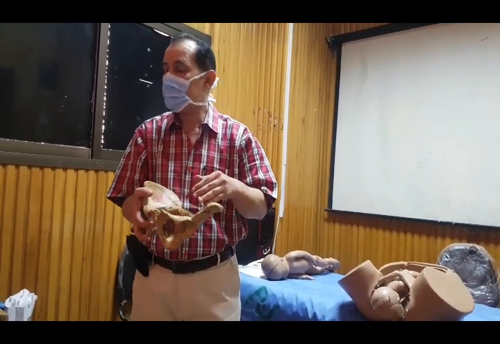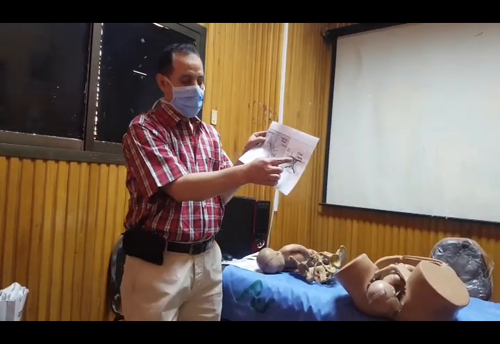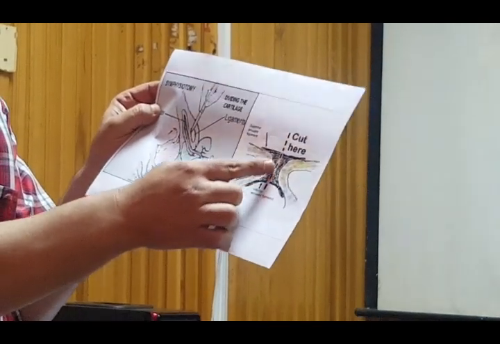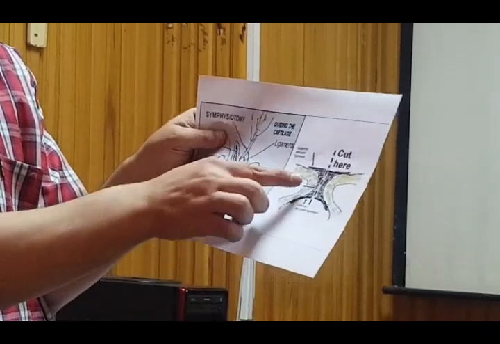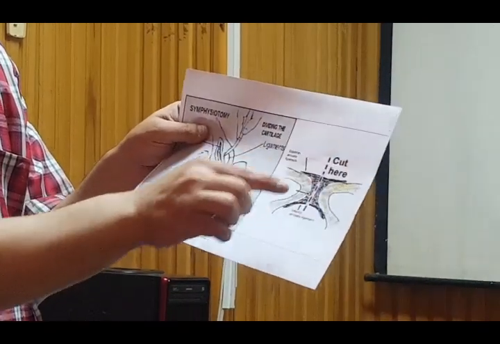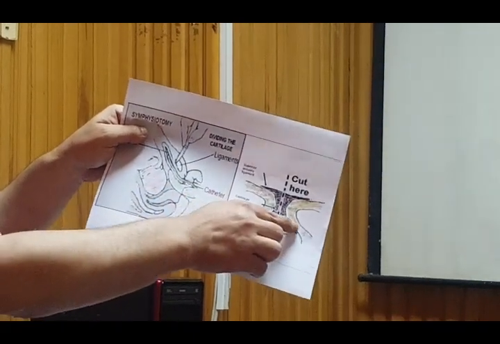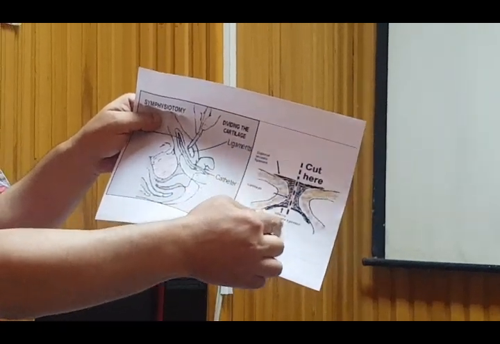This is called symphysiotomy, as in this picture. I'll cut here. This is the tubular mine. Symphysis pubis here. I'll cut in this area. I have here two ligaments, superior arcuate ligament, inferior arcuate ligament here. This is the superior, this is the inferior, and this is the symphysis pubis. I'll cut here.